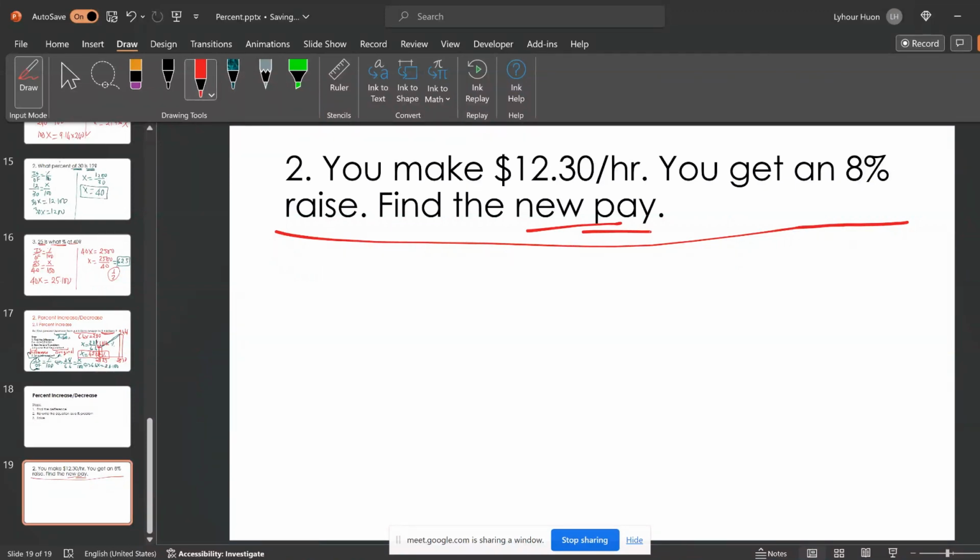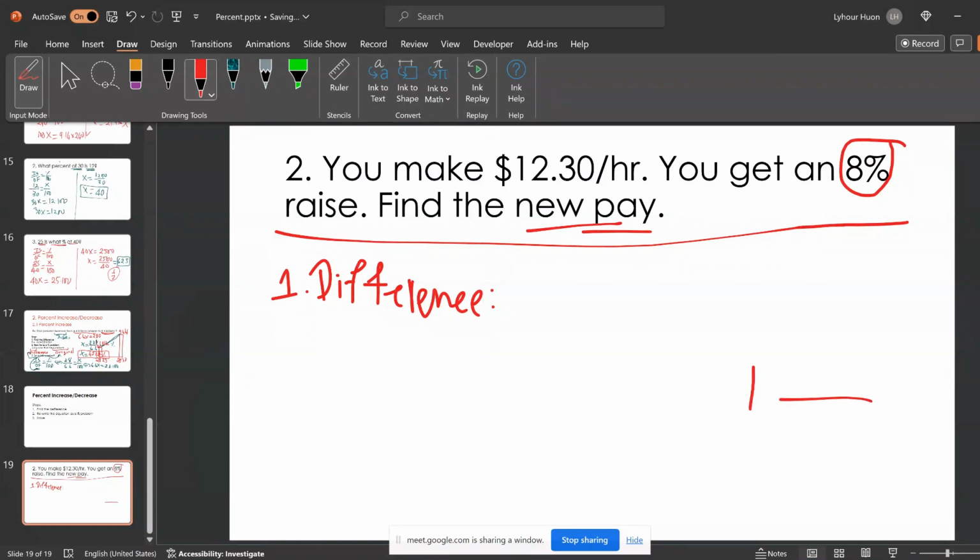The first step, what we always do, is find the difference. How do we find the difference? The difference is 8%.